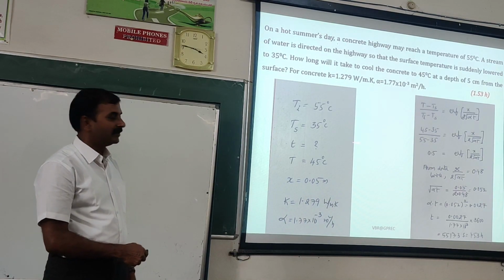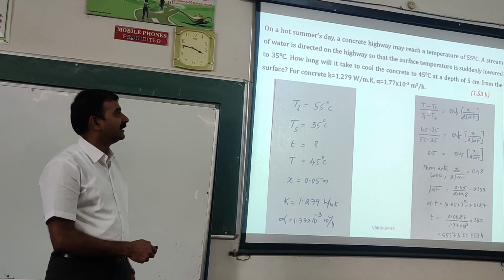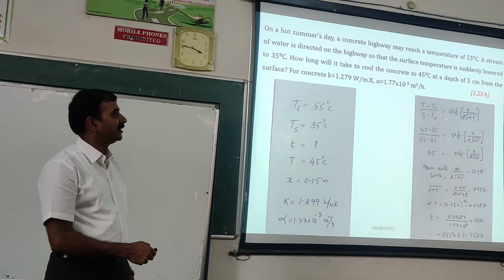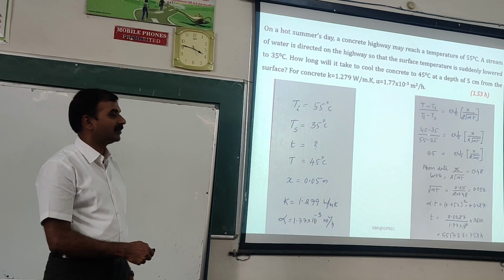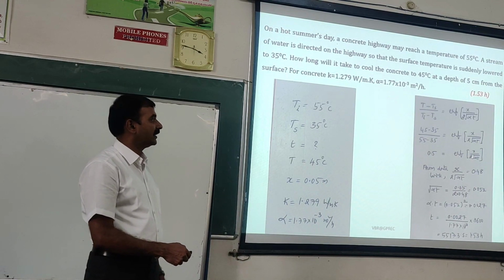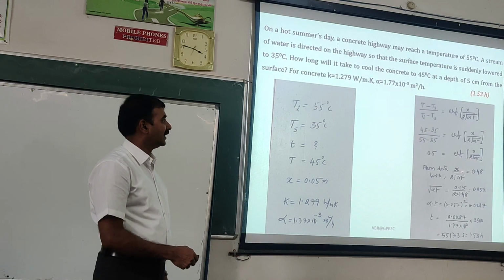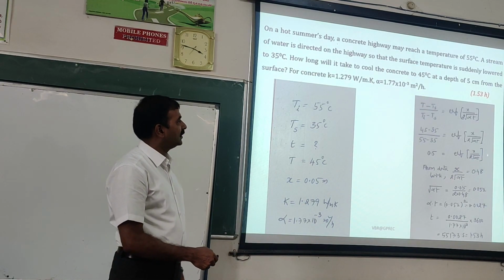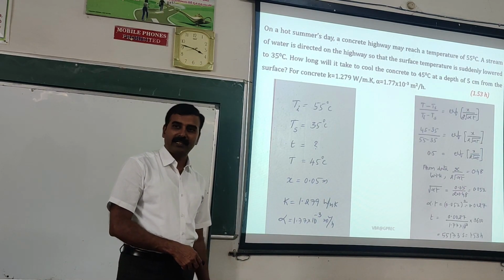So now, with this data, please look here, you can note down later. This is the temperature distribution equation that we have seen, right? Now, substitute the values. 0.5 is equal to error function of x by 2 root alpha t. Now, these Gaussian error function value tables are available in your data.